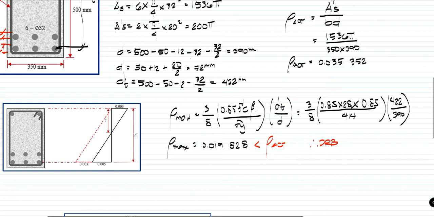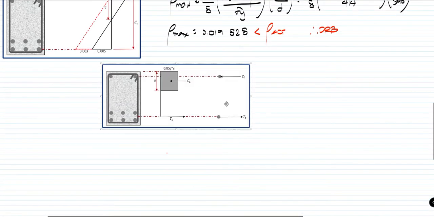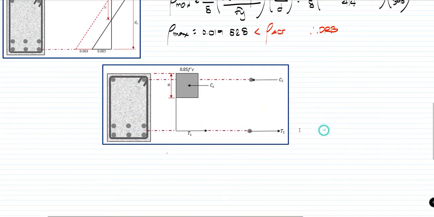So now, this is the basis, and we can proceed in analyzing a doubly reinforced beam. To analyze a doubly reinforced beam, of course we will need this stress diagram, coming from our concept of the analysis of doubly reinforced beam.